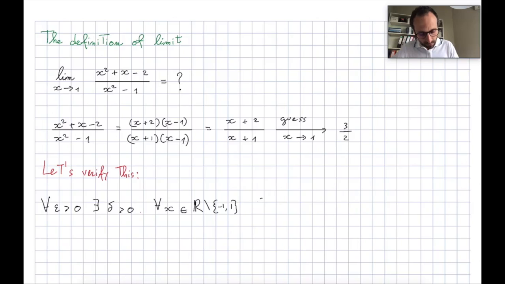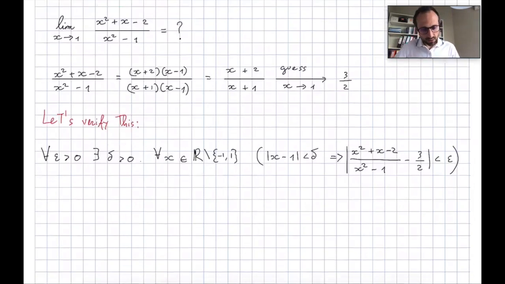If x is close to 1, so if the absolute value of x minus 1 is smaller than delta, then what we need to have is that the absolute value of f of x, namely x squared plus x minus 2 over x squared minus 1, minus 3 over 2, is less than epsilon.